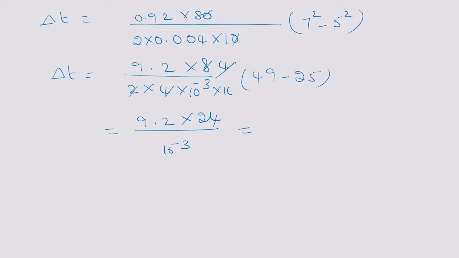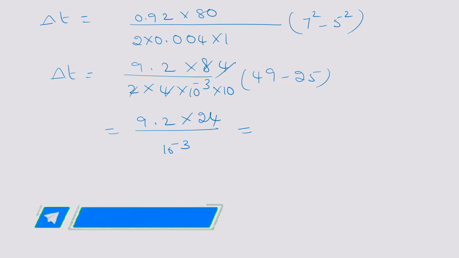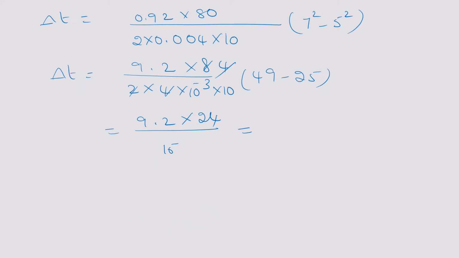So that is equal to, here 0.92 into 80 can be written as 9.2. So here this 80 and 10, here 10 to the power of minus 3, 10 to the power of minus 3 plus 1 minus 2, that is equal to 9.2 into 24 into 10 square.